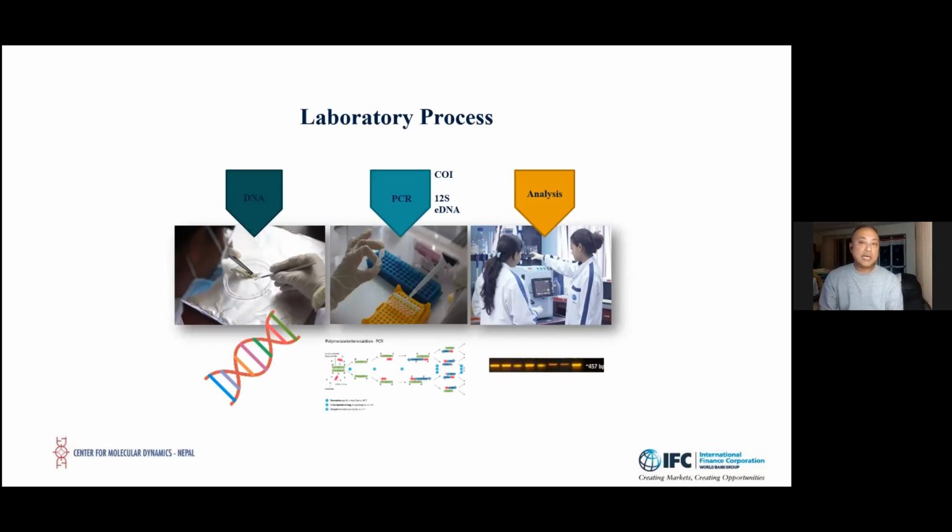As far as the lab process goes, again, I'm not going to go through this. Basically, we extract the DNA, whether it's voucher specimen DNA, tissue DNA, or environmental DNA. For the voucher specimens, we do species identification using the COI marker, CO1 marker. For the eDNA, we use 12S, as Kate mentioned, and then we do the analysis.